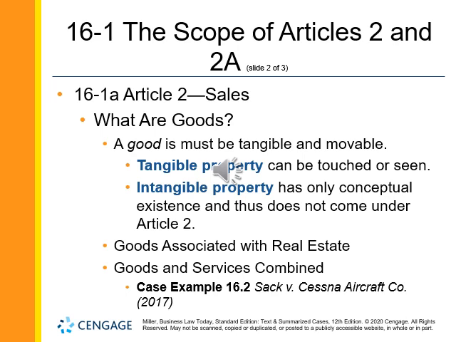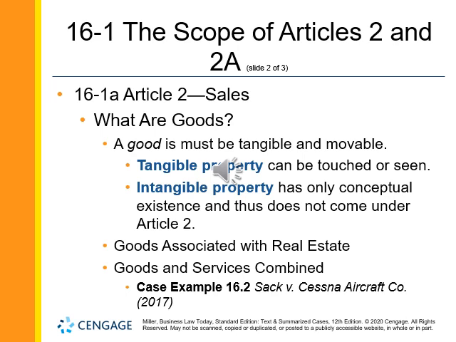On the other hand, intangible properties such as corporate stocks and bonds, patents and copyrights, and ordinary contract rights are only conceptual in their existence, and thus they do not come under Article 2.